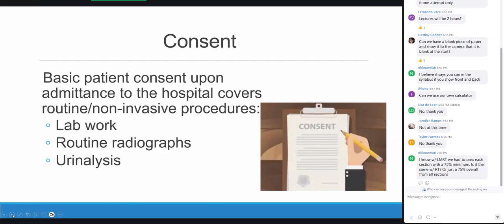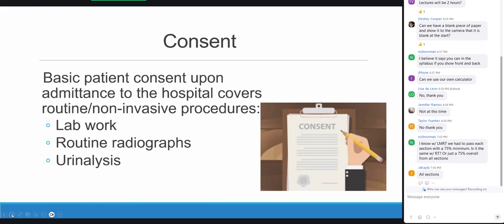So for these, we don't have to have any kind of a special sit down with the physician and the patient for these types of procedures. Remember, they're considered routine or non-invasive. And for non-invasive, I pretty much remember that if we have to breach the outer layer of skin for any reason, or retrograde any organs with contrast or fluids, or ingest contrast or fluids, then implied consent or your routine consent will apply here.